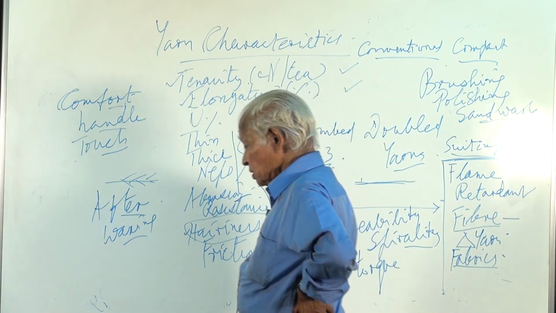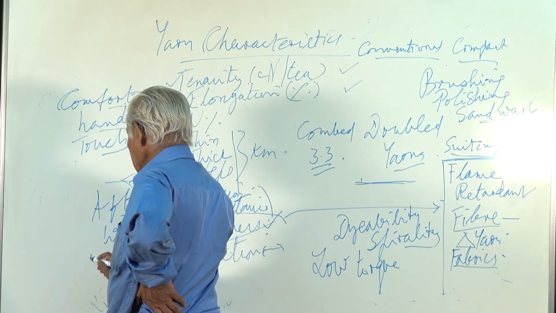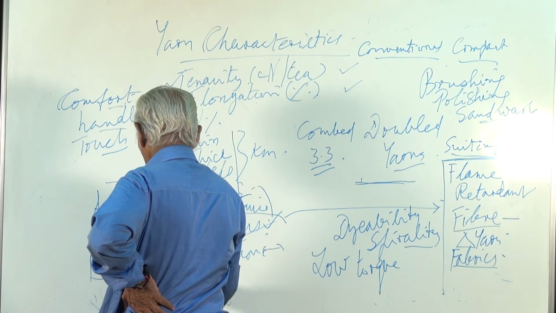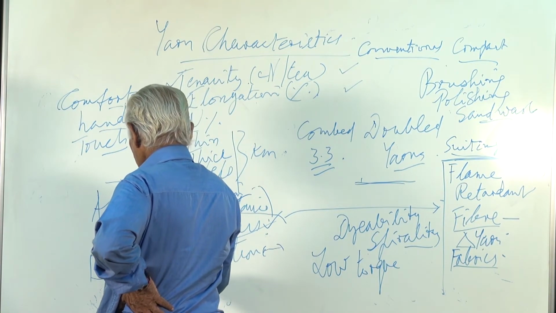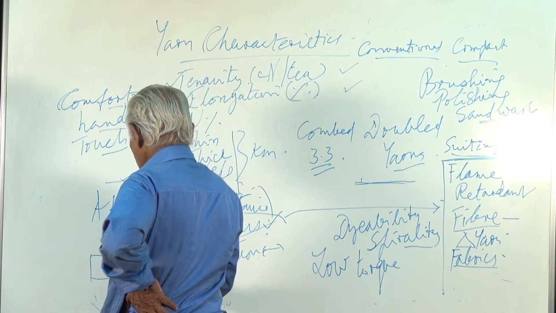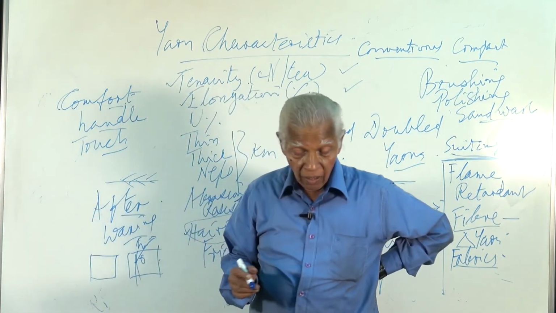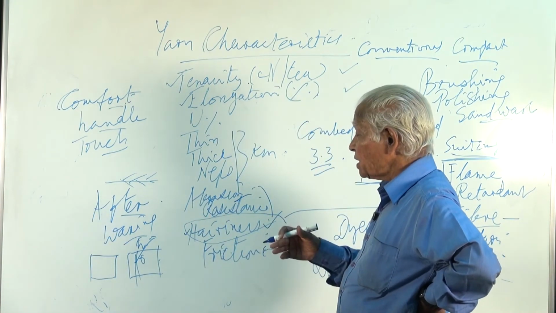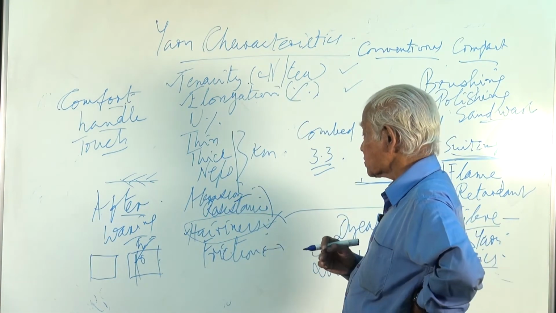In fact, one very interesting observation that has been made is, if a fabric is made from a conventional yarn and from a compact yarn, in the compact yarn the air permeability is higher because the yarns are more compact, they allow more air, that is breathability is good, or the comfort is enhanced when compact yarns are used in the fabric vis-a-vis the conventional yarns.